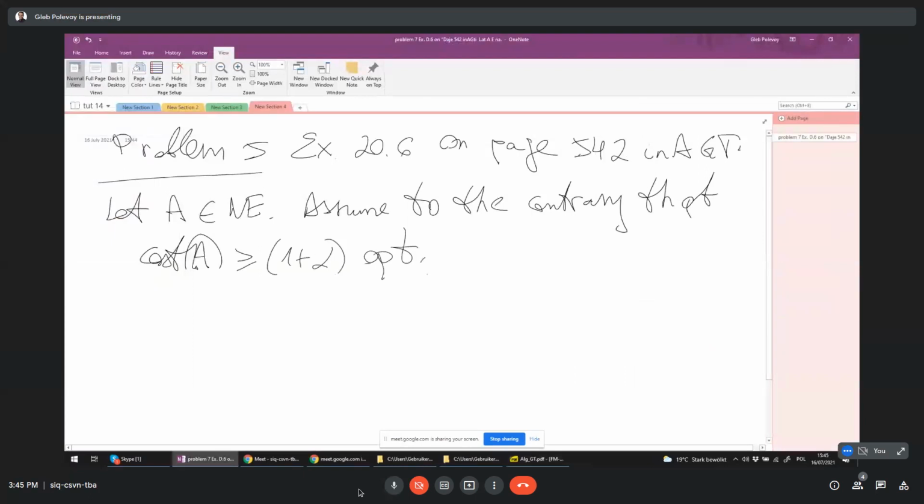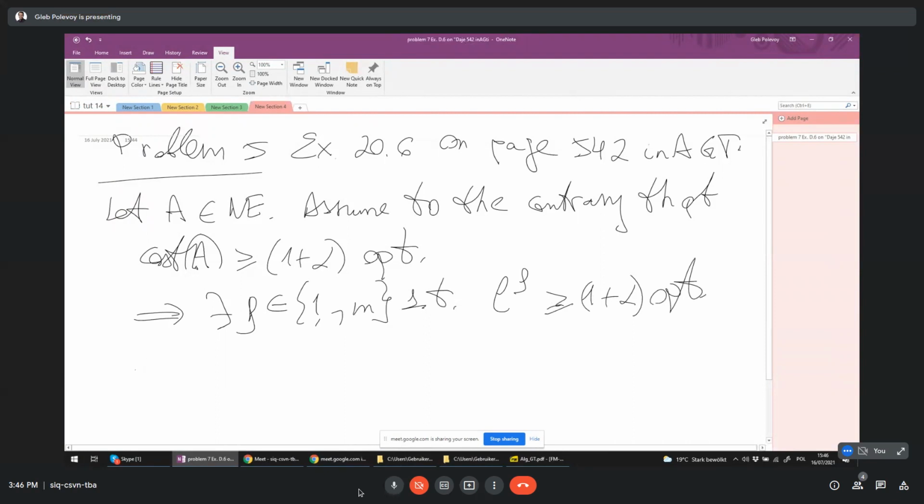of the optimum. What does it mean, first of all? There should be at least one machine which has this, by definition. We have rho and q, right? There exists some machine rho in the set of machines such that the load of rho is at least 1 plus alpha times optimum.